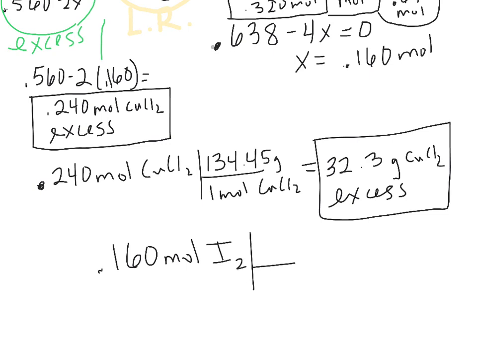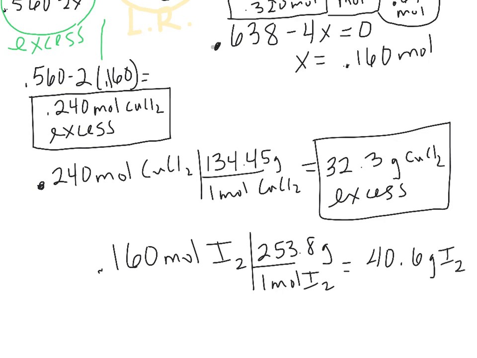Molar mass on that is 253.8. So our theoretical yield of the iodine is 40.6 grams I2. Okay, that represents the most we could make, remember. It might not happen in the lab, but that's the theoretical amount, the 40.6.